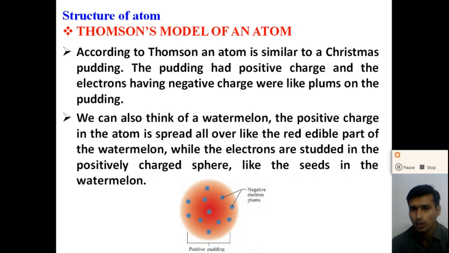Like this, all the positive charge is distributed like a pudding, and all the negative charge is distributed like plums in the pudding, right?